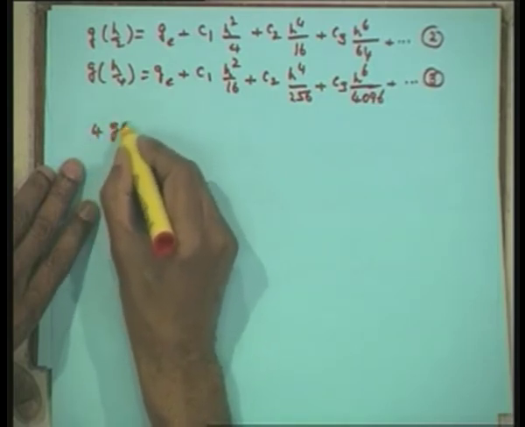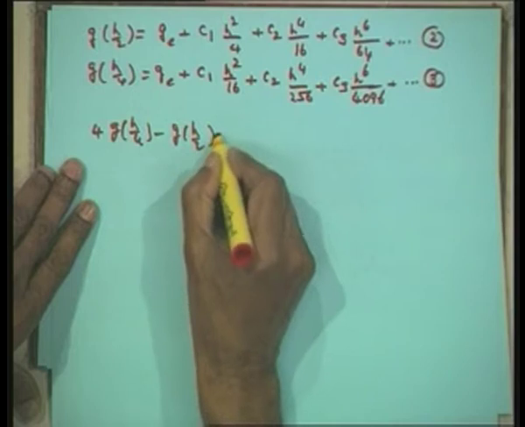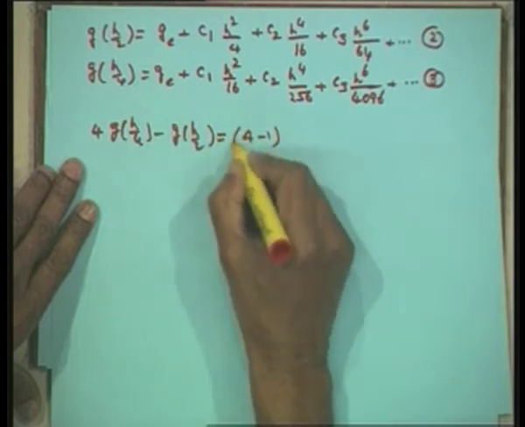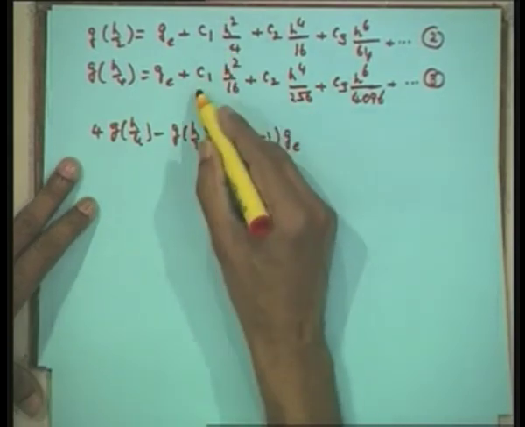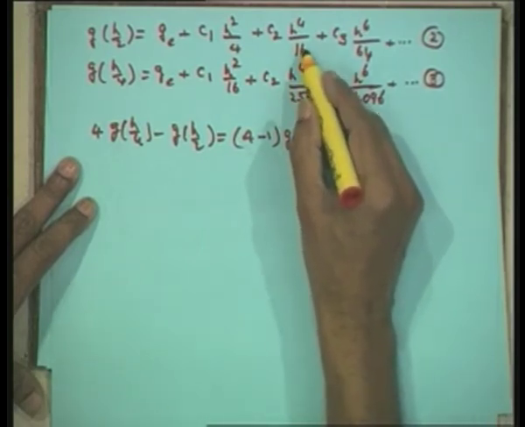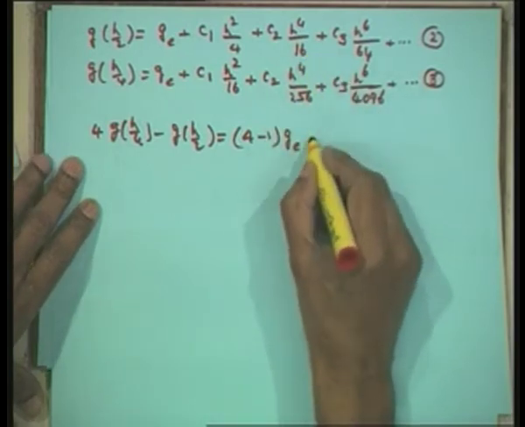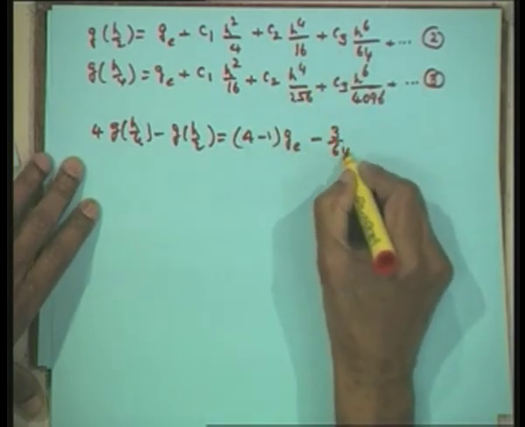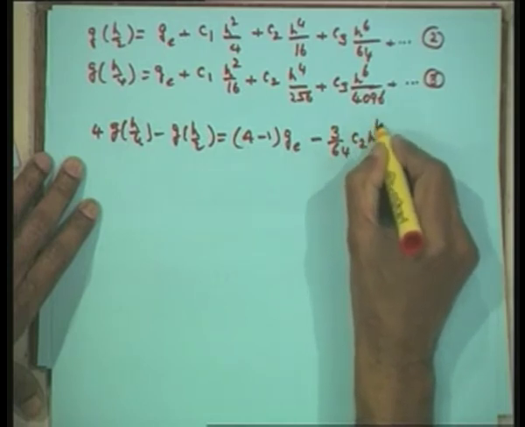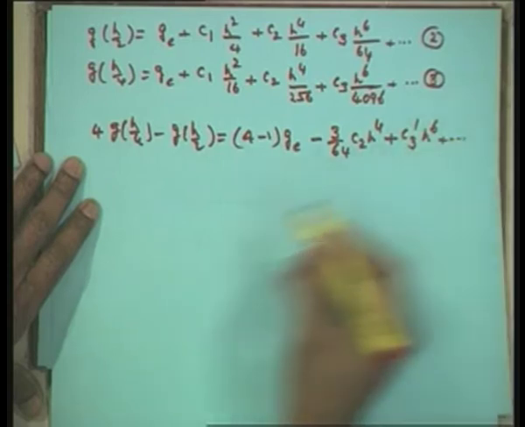Therefore, I have 4 G(h/4) minus G(h/2), that is 4 minus 1 of G(E). Now, this has cancelled, this is 1 upon 64 minus 1 upon 16. Therefore, I would then have the required term as minus 3 by 64 C2 h to the power of 4 plus some C3 prime h^6 and so on.